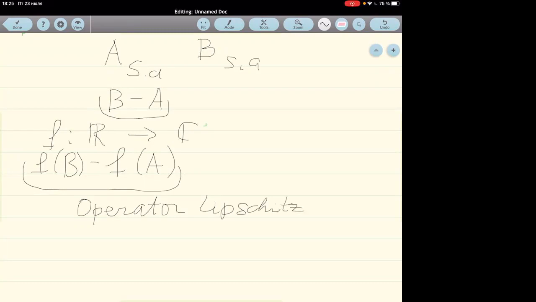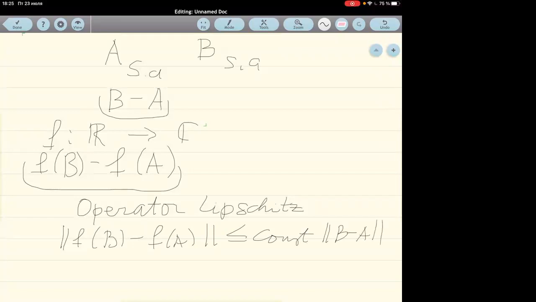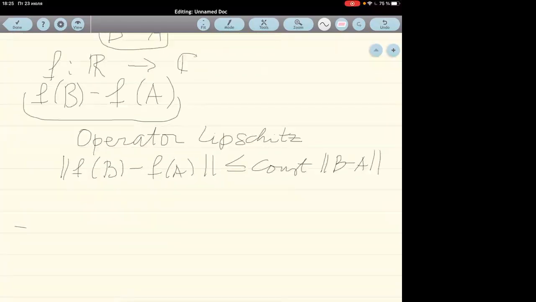This means that the norm of f of B minus f of A is less than or equal to a constant times the norm of B minus A. Such functions are called operator Lipschitz functions. Let me use the notation OL of R for the class of all operator Lipschitz functions.